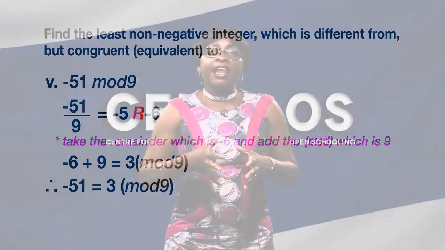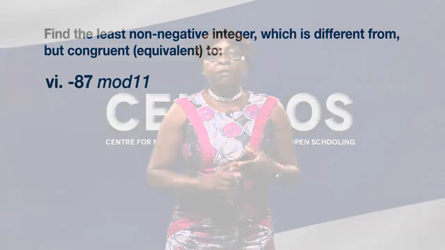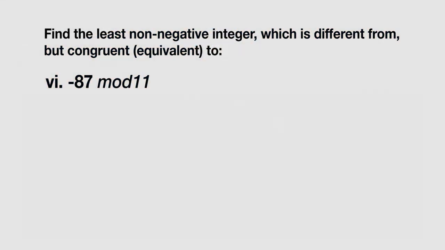So let's take our last example. And I hope by now you are very sure of the steps to take. Negative 87 mod 11. I'm sure you can tell me exactly what we have to do, right? We take the negative 87, divide by 11.